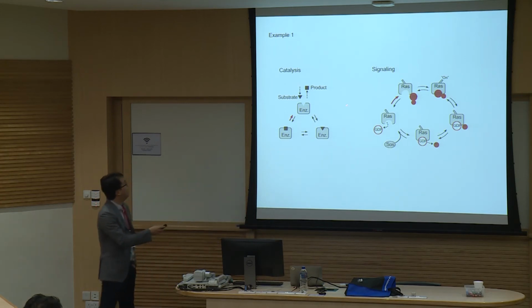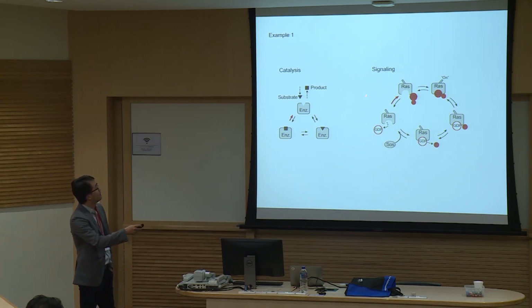Here's another example where it's a single loop. Here's probably the most important signaling system in your body, right? So this is RAS. Basically what it does is it takes upstream signals. These signals come from outside of the cell, and RAS then decides to turn on to activate the response from inside the cell. So when RAS is bound to GTP, it's on, and all the other states, it's off.